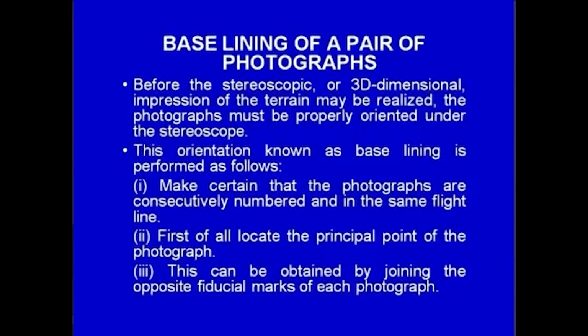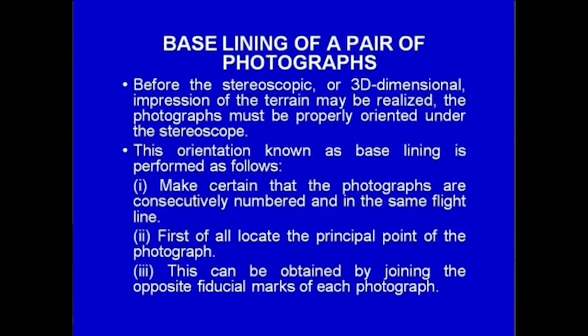Having had a look at the stereoscopes, now let us look at the procedure of placing a pair of overlapping photographs in 3D. Before the stereoscopic or three-dimensional impression of the terrain may be realized, the photographs must be properly oriented under the stereoscope.